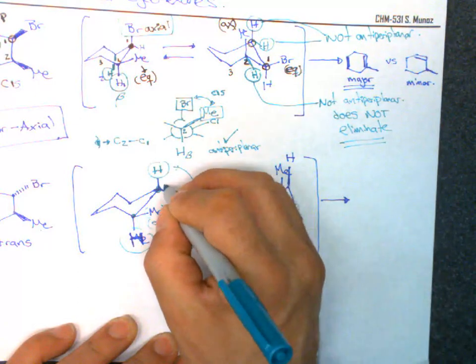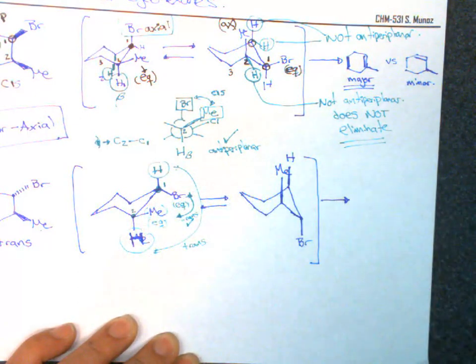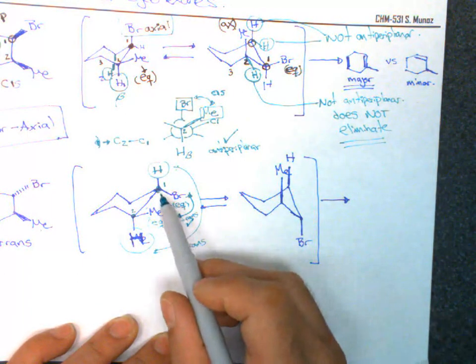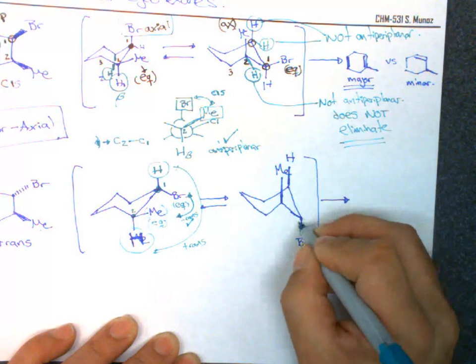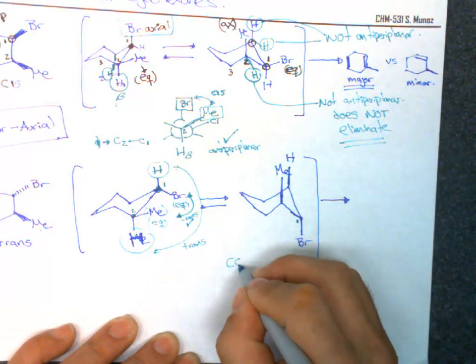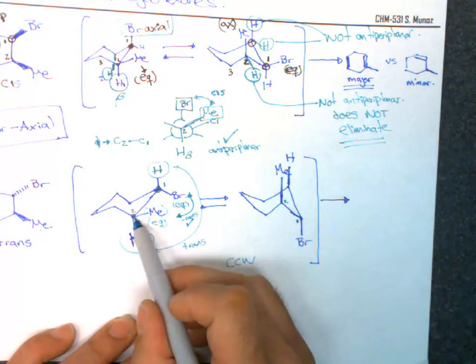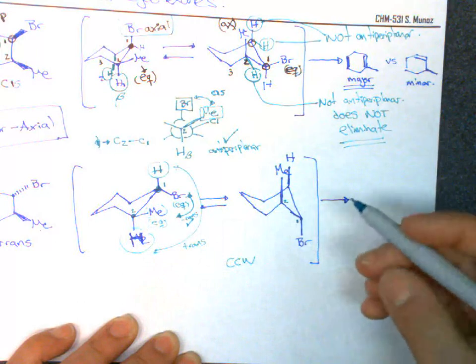We're going to stick to this being number one, this being number two. This is just arbitrary. You can put A, B, C, whatever label you want. The carbon with the bromine is 1. So this is 1 right here. And I'm going counterclockwise. Number 2 is the one with the methyl.